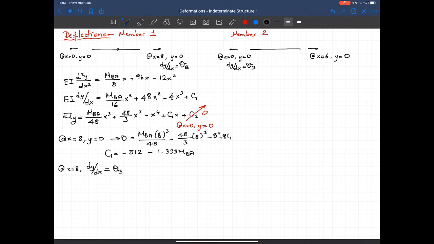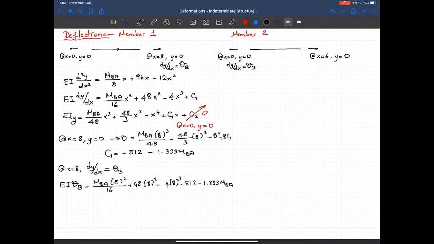Then I got the following: EI theta B is equal to M_BA 8 squared divided by 16 plus 48 8 squared minus 8 cubed minus 512 minus 1.333 M_BA.